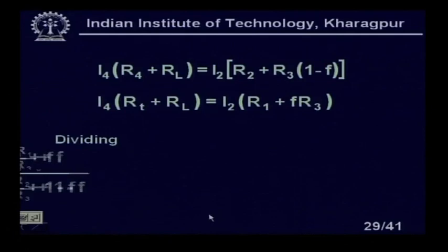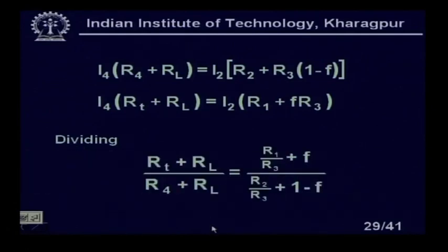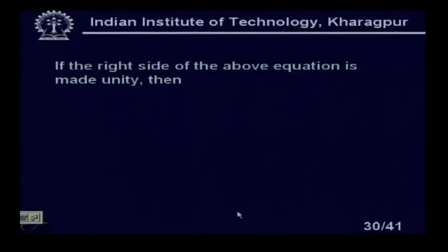If I take the ratios, R T plus R L over R 4 plus R L equals, dividing the right hand side by R 3, R 1 by R 3 plus F over R 2 by R 3 plus 1 minus F.